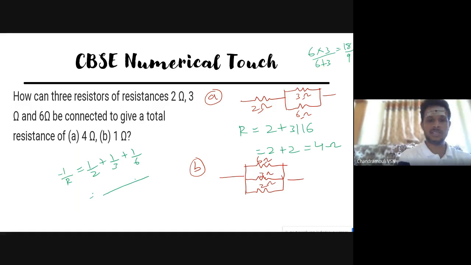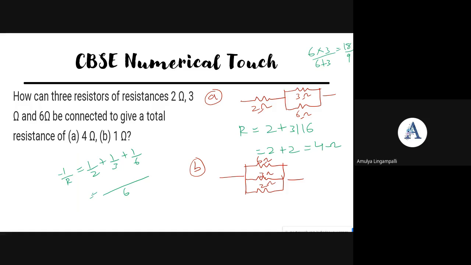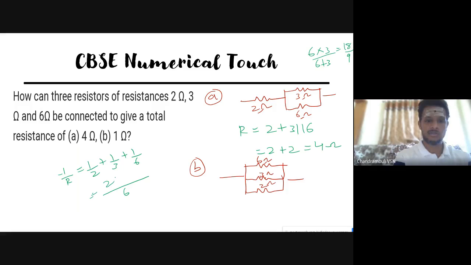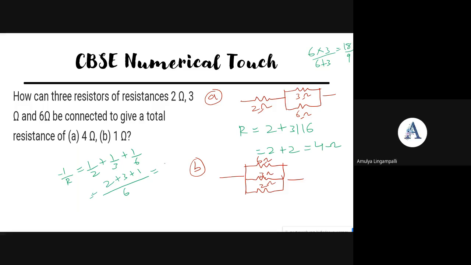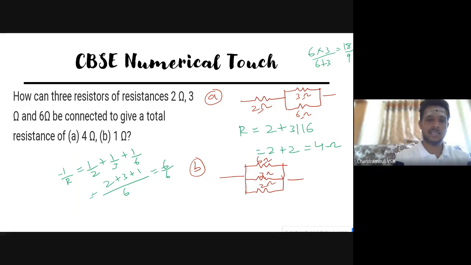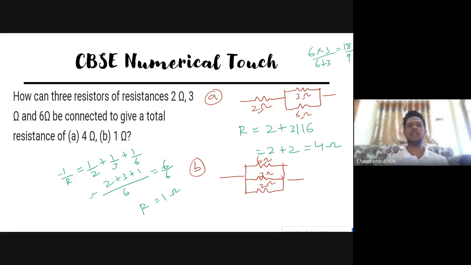Here also LCM is 6. 3 plus 2 plus 1 by 6 is 6 by 6. So R is 1 ohm. Like this, we can calculate how they ask in the examinations.